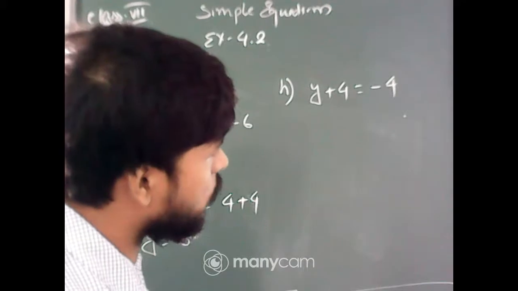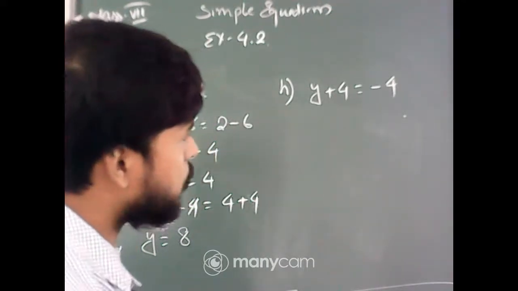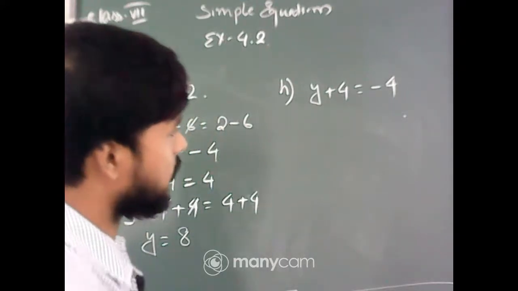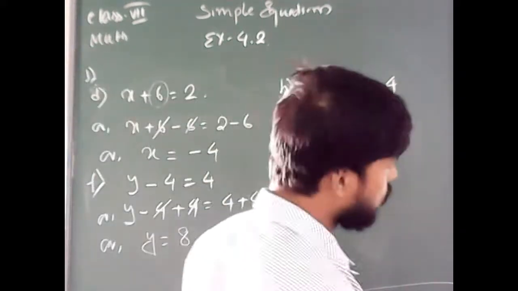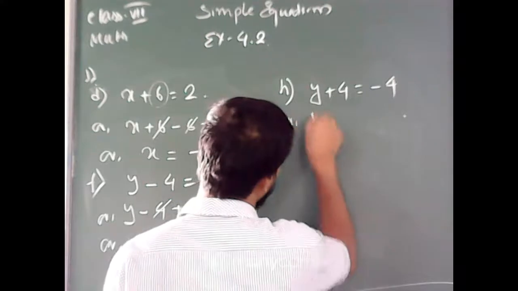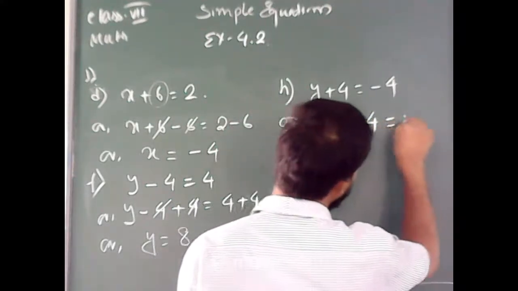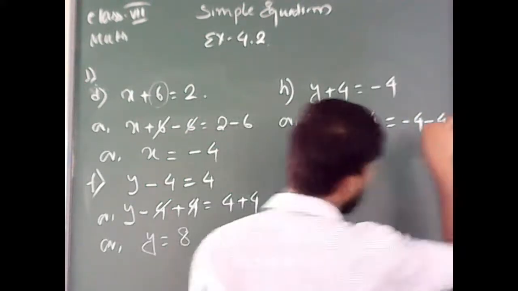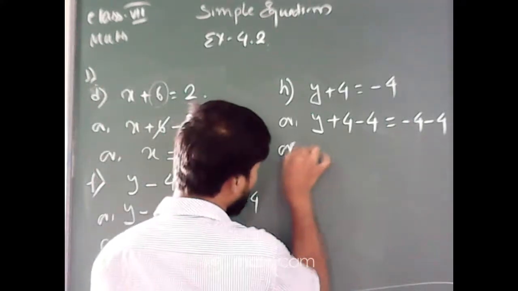Look, Somdatta, to remove plus 4, we have to subtract 4, not add 4, on each side. So, subtracting 4 from both sides, we have y plus 4 minus 4 is equal to minus 4 minus 4.